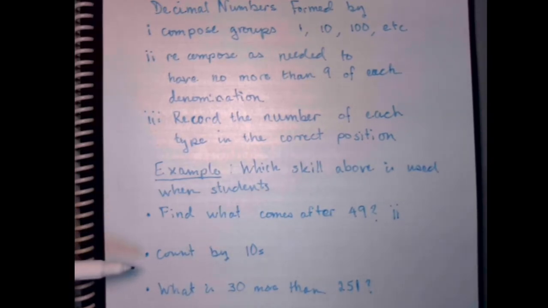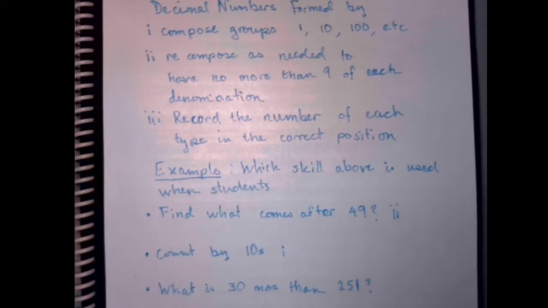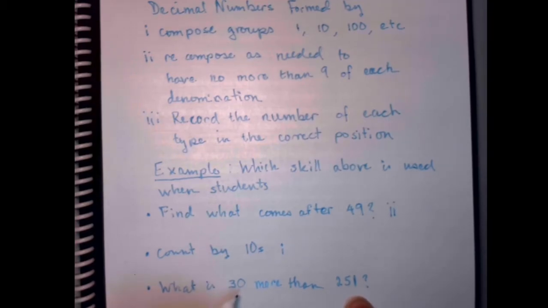If a student is counting by tens, which is something even very young children can do, they're actually just using skill 1. They're composing the various groups. And here's something that sounds like it's a much harder problem. Let's say we asked a student, what is 30 more than 251?